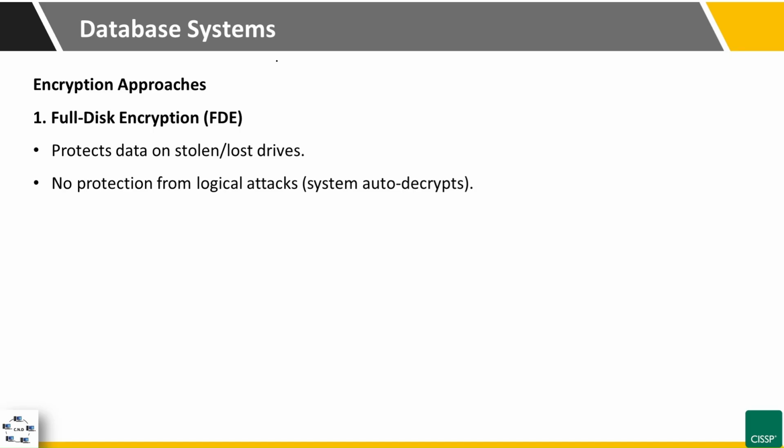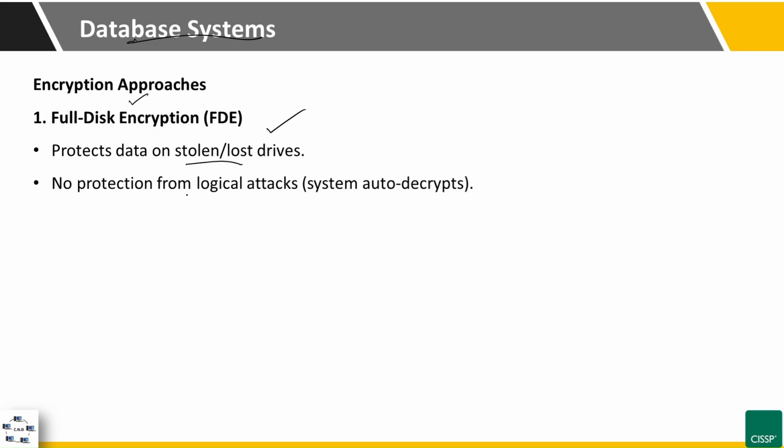Now, coming to an important topic, which is encryption approaches in database systems. Encrypting the stored data is important, but encrypting data inside a database requires specific and special approaches. The first one is full disk encryption, which protects data on a stolen or lost drive.